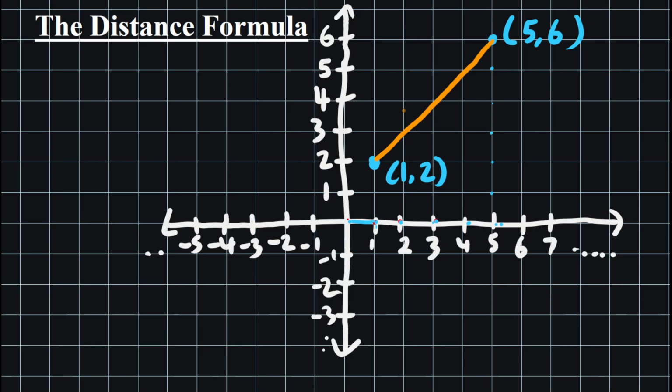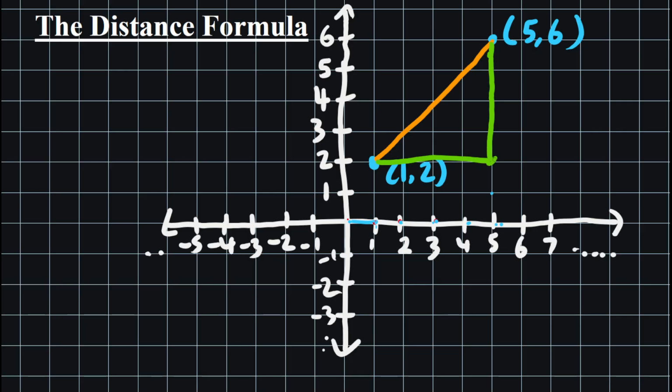It's hidden in here. And that is because there is a right triangle that you don't quite see, but if we draw a line down here and draw a line from here, so 1, 2 all the way to the right and 5, 6 all the way down, and where they meet, what is that point?